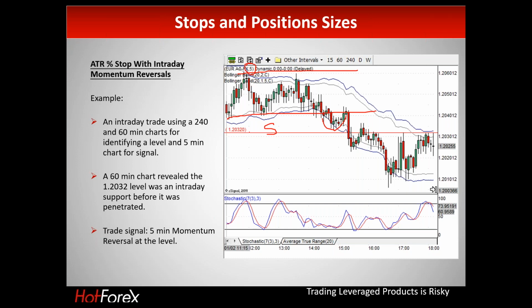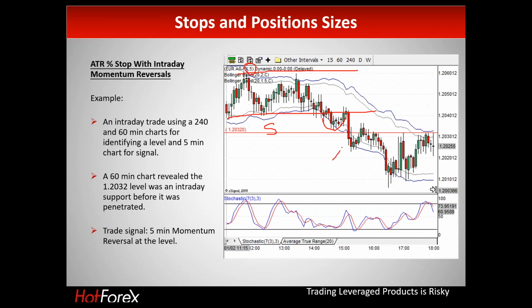Once you have identified intraday support and resistance levels, such as these three, you can then go to the time frame that you want. In this case, it's a 5-minute chart. Let's assume that I'm a scalper. I like trading the 5-minute chart because it's quick. Having set this line based on my 1-hour analysis, I can go back to my 5-minute chart and wait to see whether the asset will manage to drop and break that level.